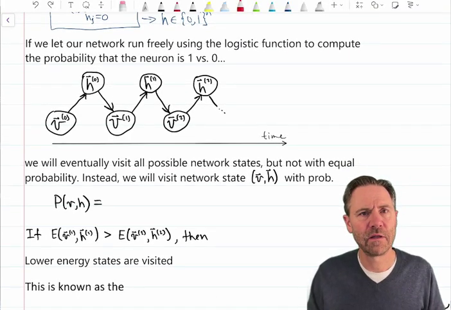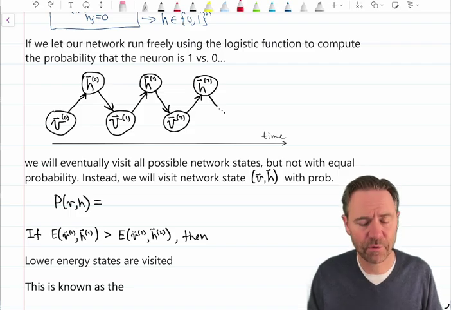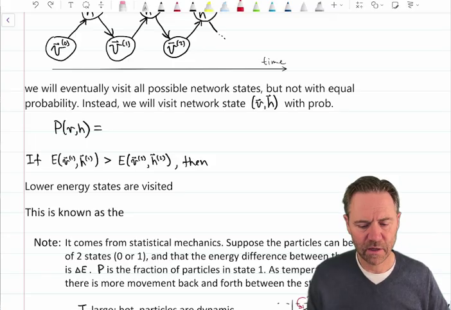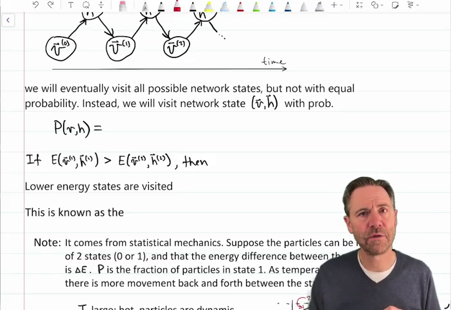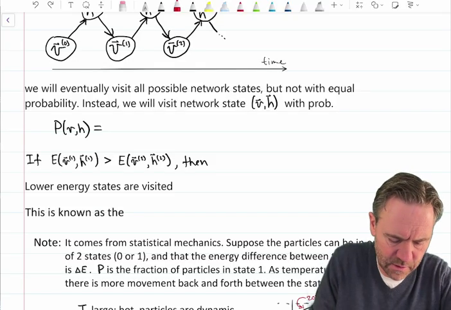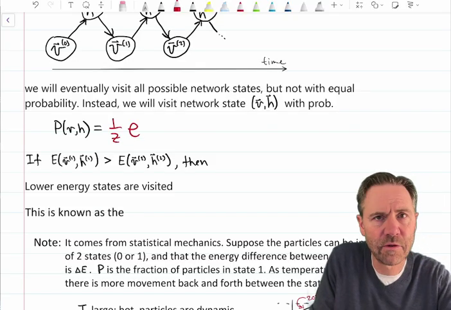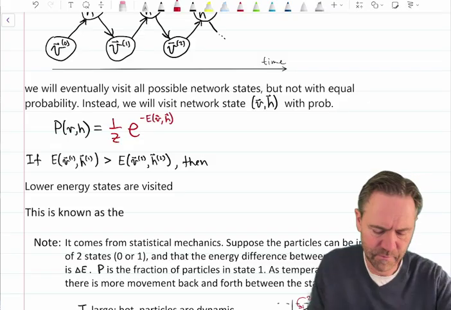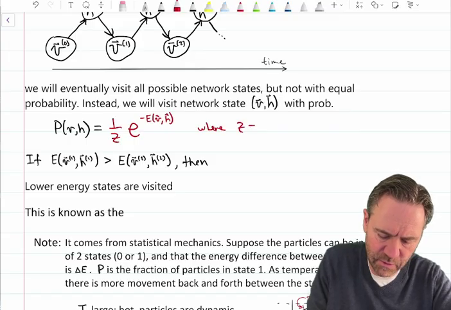Instead, they'll visit the network state VH with a probability given by the Boltzmann distribution. It's 1 over Z times e to the minus energy, where Z is this normalizing constant.